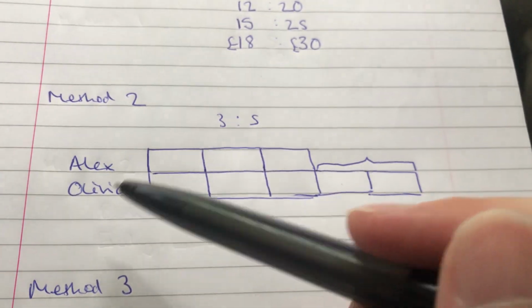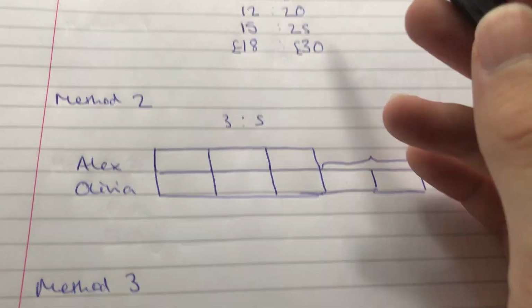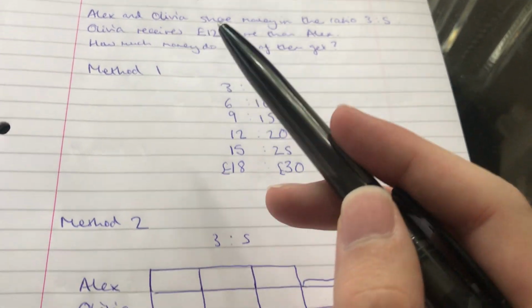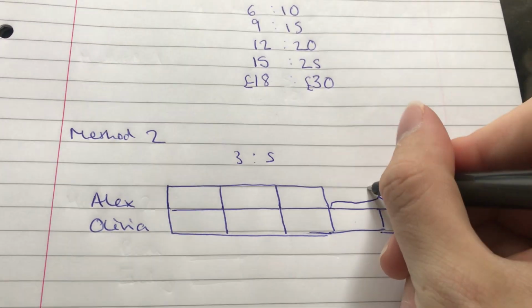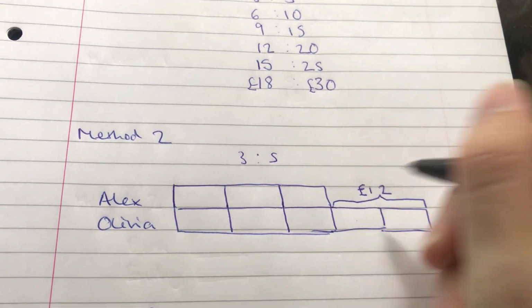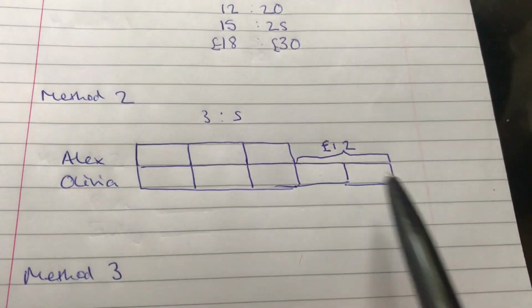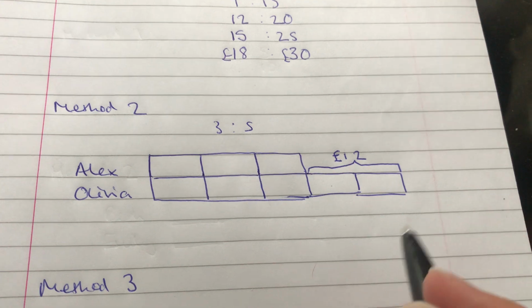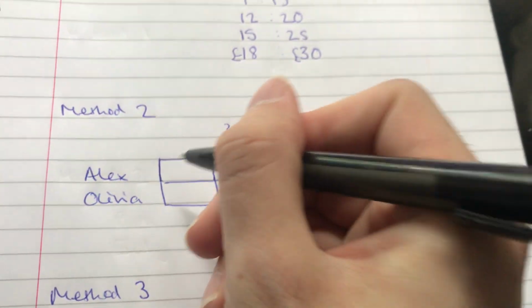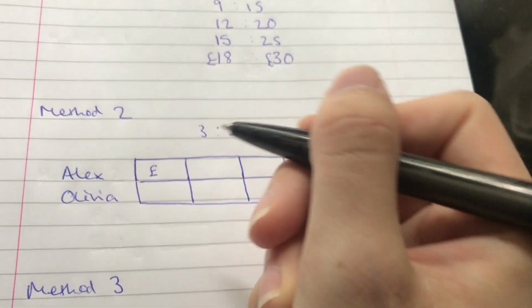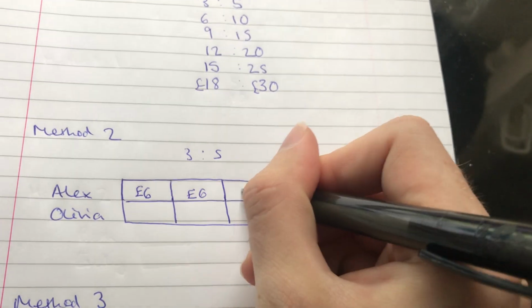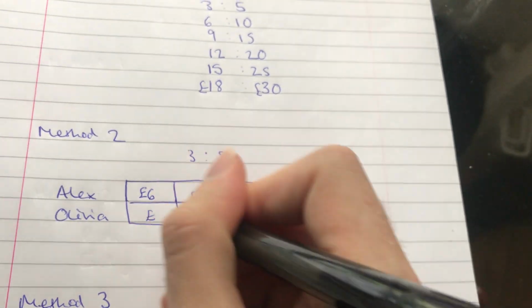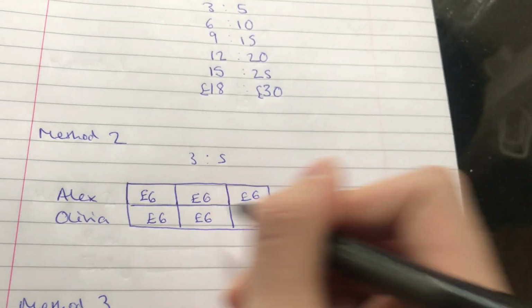We know Olivia received £12 more than Alex, so these 2 parts more than Alex represent £12. If 2 parts represent £12, each part represents half of 12, which is £6. So we can label £6 on each of these bars.